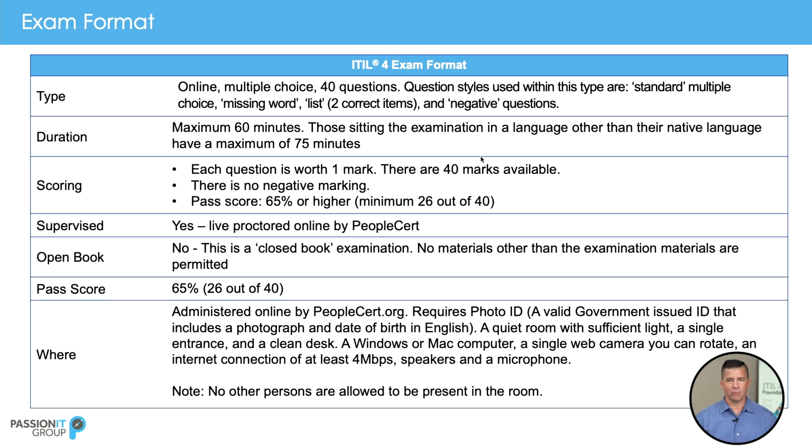They also have what is known as the list, where you're given a list of 4, sometimes 5 items, and they'll say which 2 are true about this statement. So it might be something like, which 2 of these 4 are true about the guiding principles.